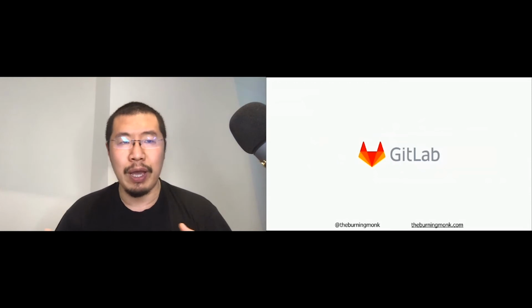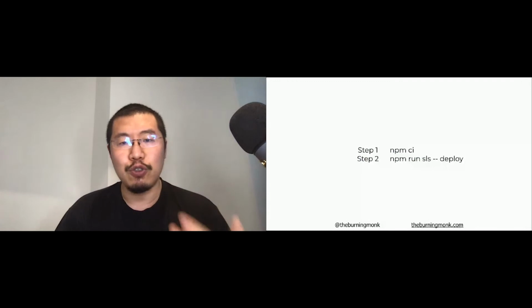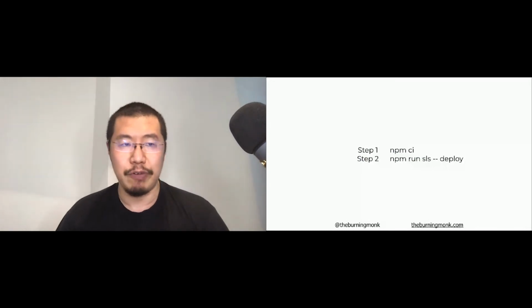When it came to deploying from CI, it's literally a two-step thing: run npm ci to restore the exact version of my dependencies as they were in the package.json file, and then run npm run serverless deploy to trigger deployment using the version of the Serverless framework that's been installed in the project.